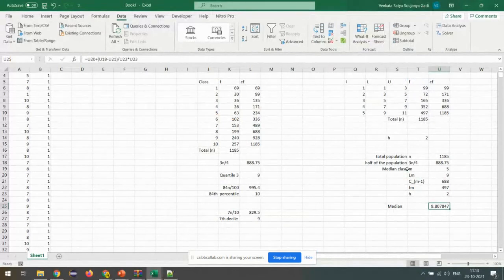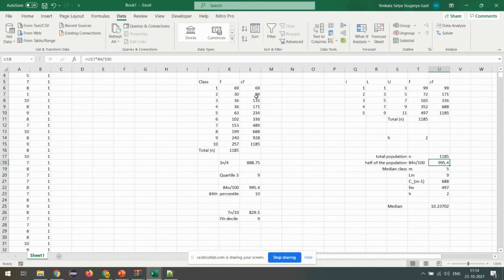If you have any doubts, please ask me. If no doubts, let me do the 84th percentile, and then we'll go to the next topic. So for the 84th percentile, instead of 3n by 4, we do 84 divided by 100.